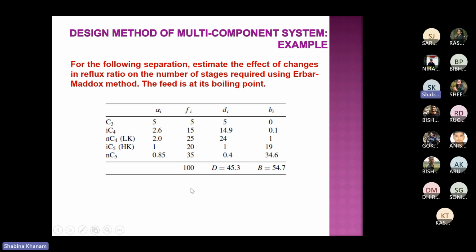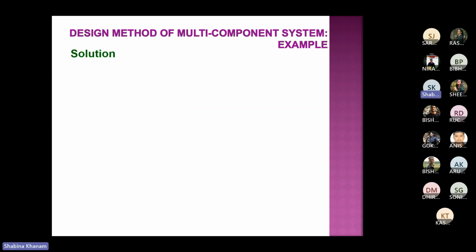Right. So let's start this Erbar-Maddox method. The first step over here is to find out the minimum number of stages using Fenske's equation.